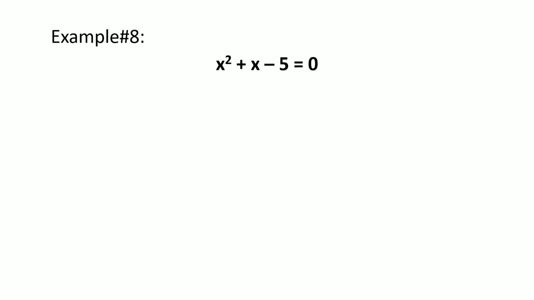Okay, I think this is the last example for this. It's already in standard form. We have a equals 1, b equals 1 also, and c is equal to negative 5.